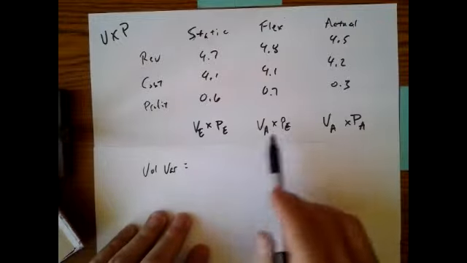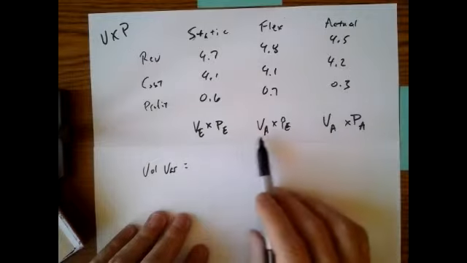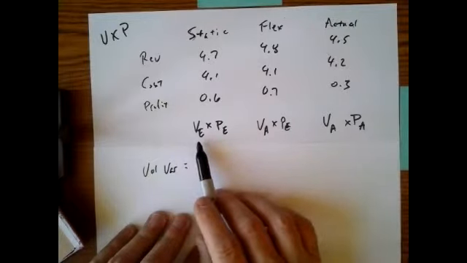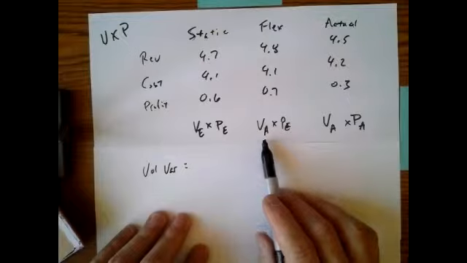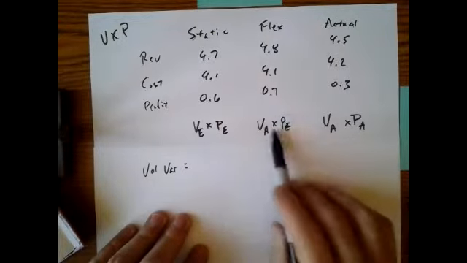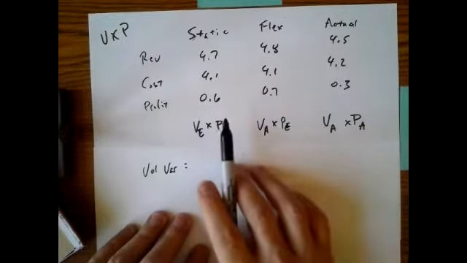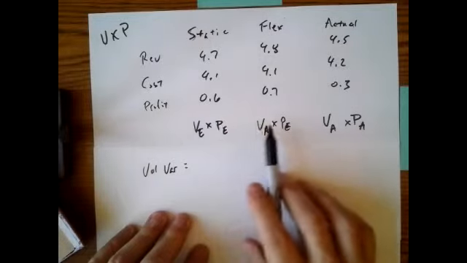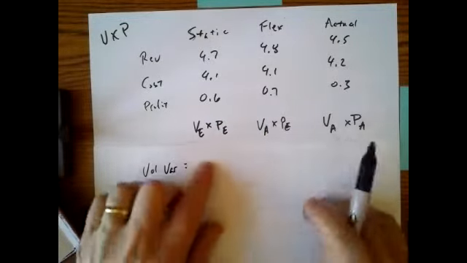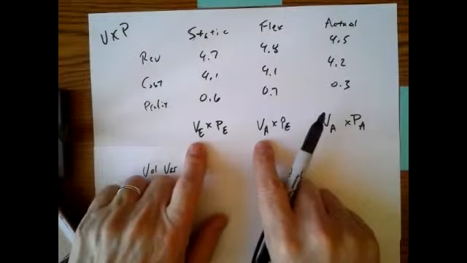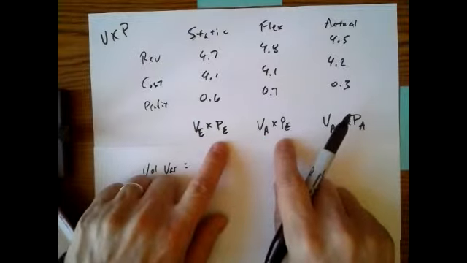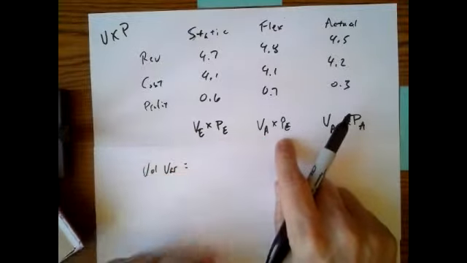Well, that would be static and flex, right? Because between static and flex, you have volume expected and volume actual, but you hold price constant. So the difference between these two is entirely from the volume variance and not at all from the price variance.